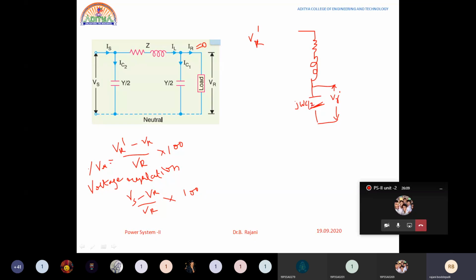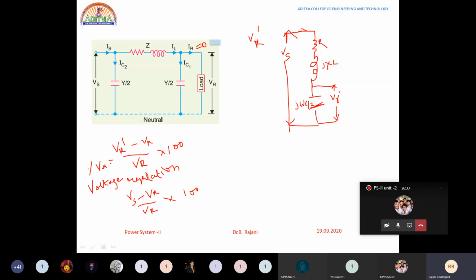This would be the R, and this would be the jXL. Whatever current is made to flow is nothing but the line current only. IR would be 0.